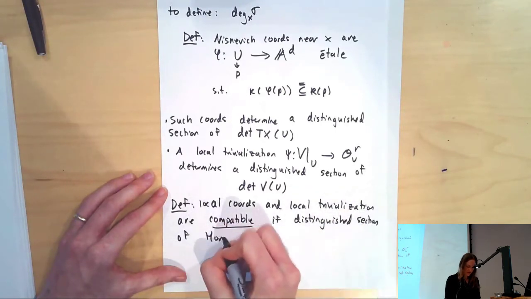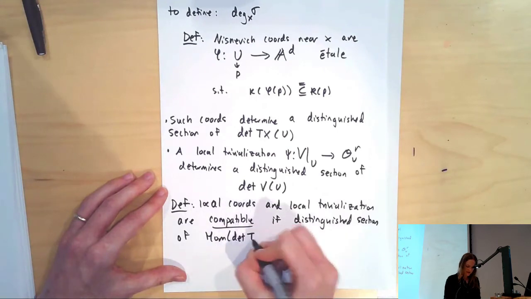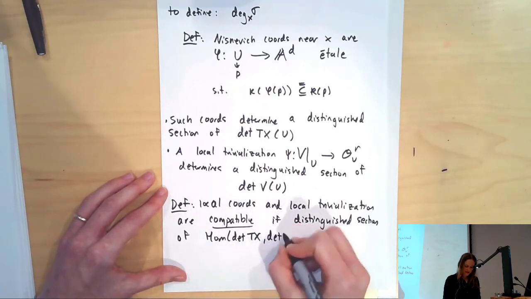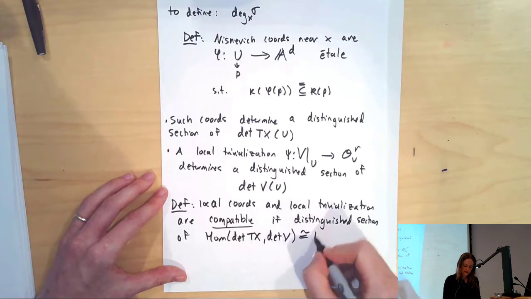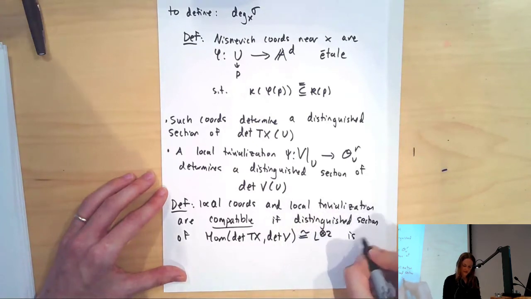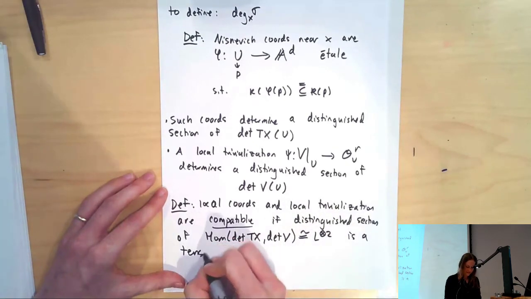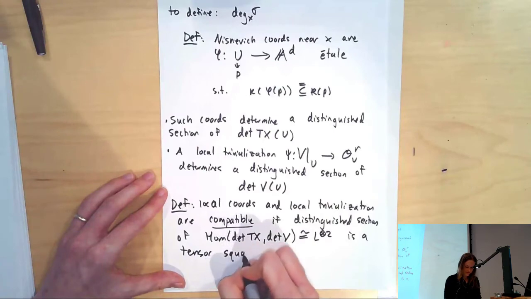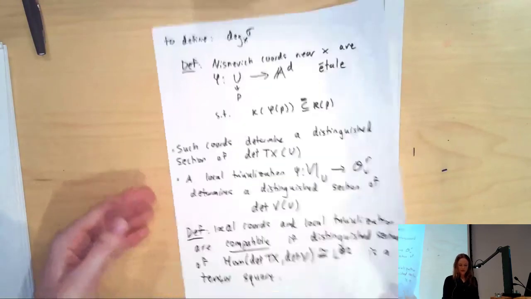Hom of det Tx to det V is a tensor square. So we can choose compatible local coordinates and local trivialization, because we can just change the trivialization until we get a square, so that's no problem.